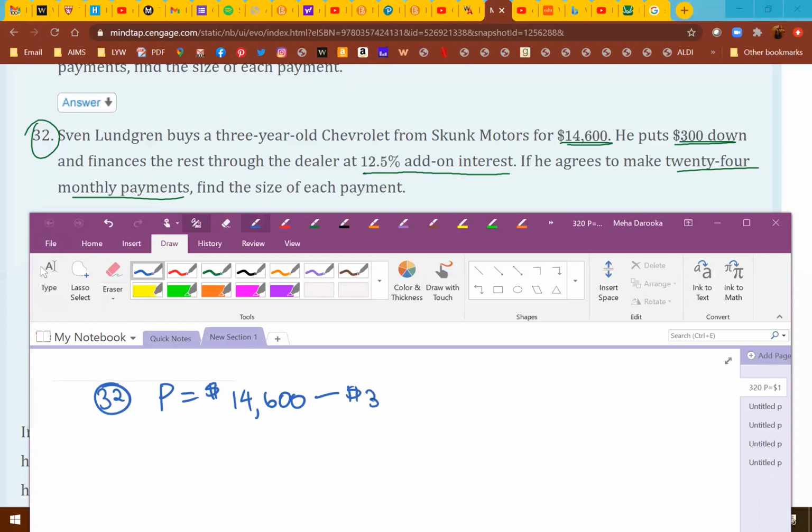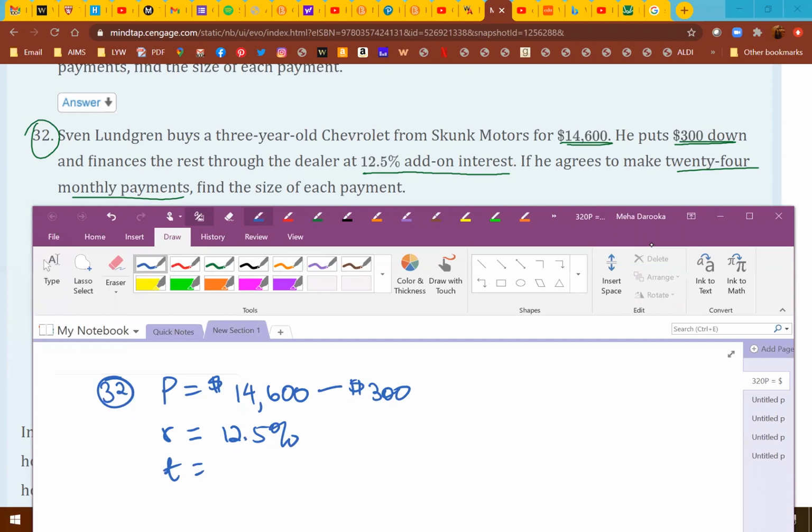So that means, like you saw in the example, we will need to subtract 300 from this amount. Then as far as our rate of interest goes, you're talking about a 12.5% add-on interest loan. And you can see they're talking about making 24 monthly payments. So again, we know 24 months is of course the same as 2 years. So that's going to be your time frame.